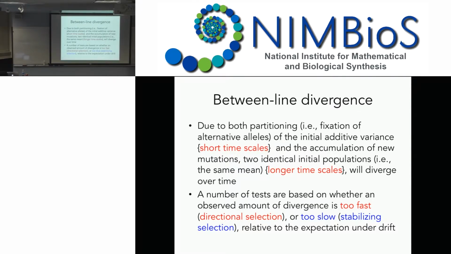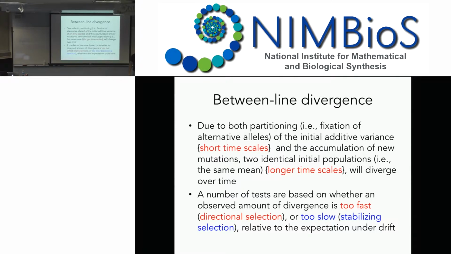As you might imagine, they use different tests. This one here depends upon the effective population size. This thing here typically depends upon the mutational variance. A number of tests are based on whether an observed amount of divergence is too fast. So I have to have some idea of what the expectation is going to be under drift.